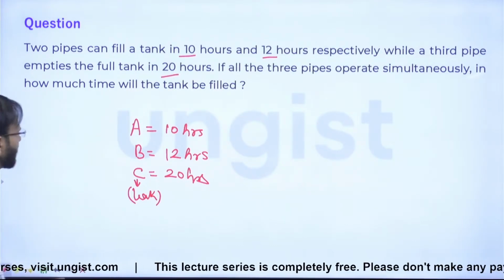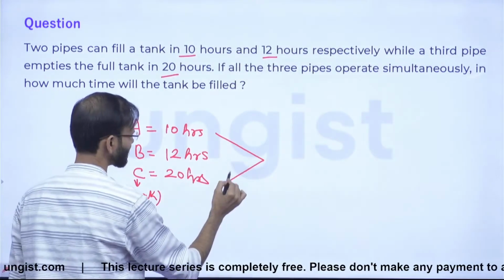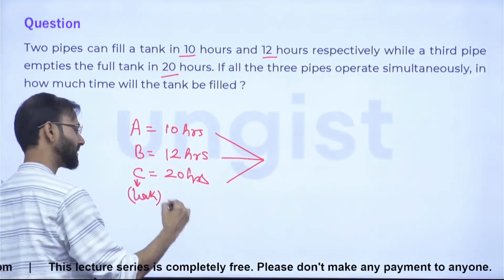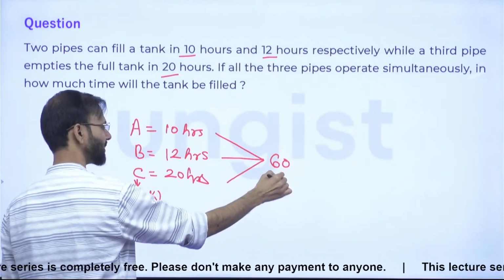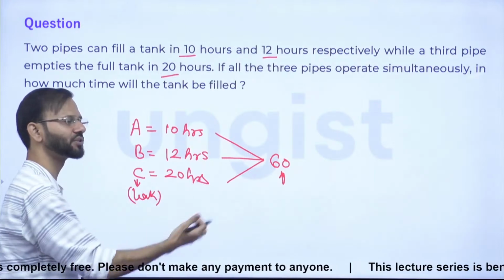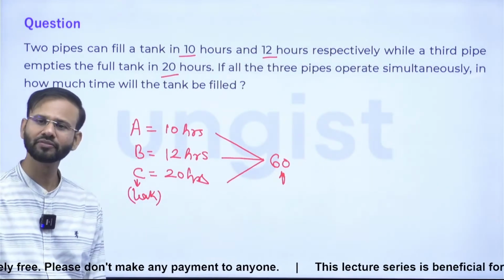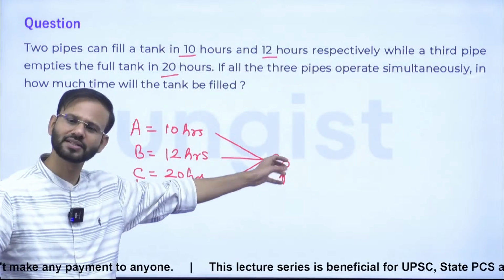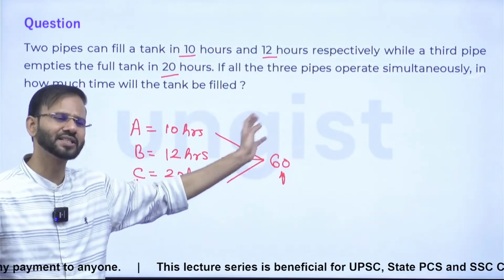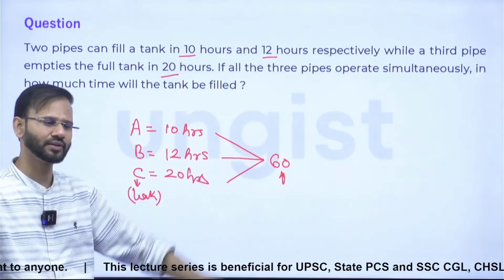Okay. Here, what will be the LCM? The LCM is 60. Now this time this 60 will actually be the total capacity of the tank. Earlier we used to consider this 60 as the total work. So here 60 is the total capacity of the tank. It may be 60 liters or 60 units, right?